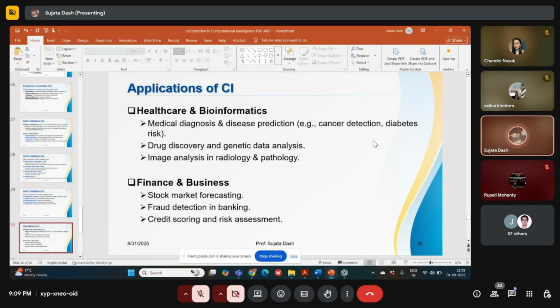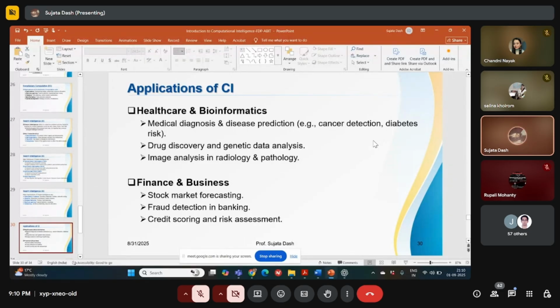Then second is drug discovery and genetic data analysis. Drug discovery is like finding a needle in a haystack. It's very complex. Evolutionary computation and swarm intelligence are used to explore these vast chemical spaces and identify potential drug compounds. And in genetics, when we apply CI, it helps analyze DNA sequences to detect where mutations happened and understand genetic disorders.